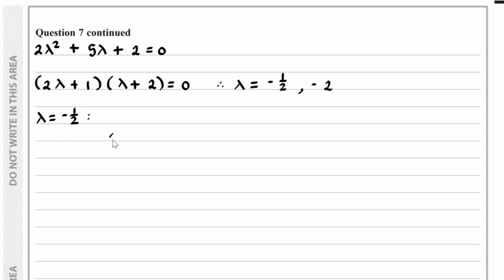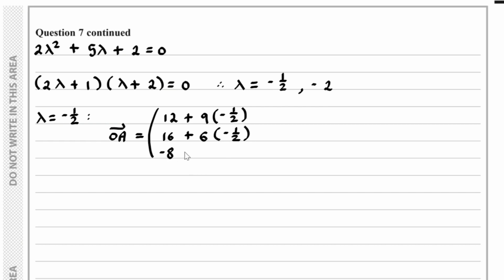If we were to find out what OA is, OA is equal to (12 plus 9 lots of -1/2, 16 plus 6 lots of -1/2, and -8 plus 2 lots of -1/2), which is (15/2, 13, -9).